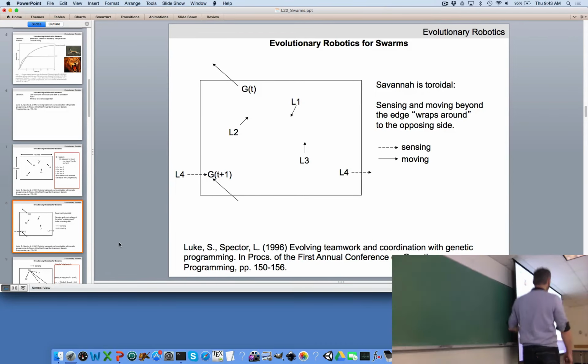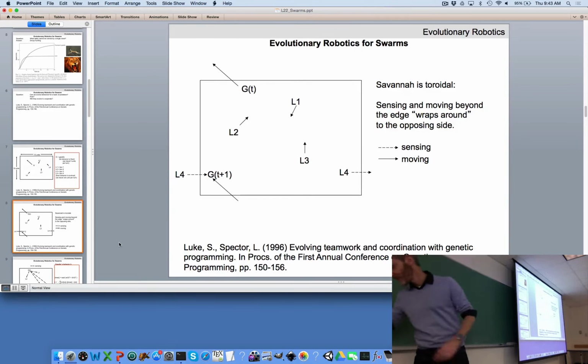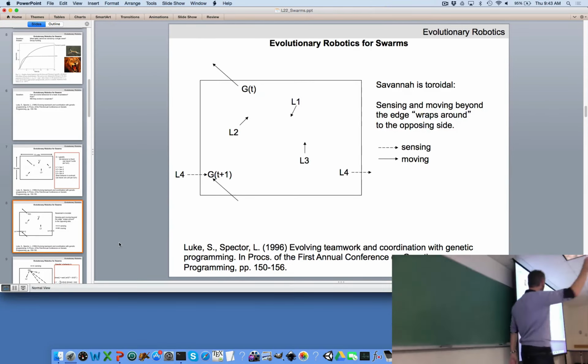Okay. This virtual savanna, if you like, is toroidal, which means basically it's infinite. So here's our virtual Serengeti, our virtual savanna. If you take the 2 long edges and connect them, and then you turn this and connect the 2 circles, you'd have a donut, which is the toroid.